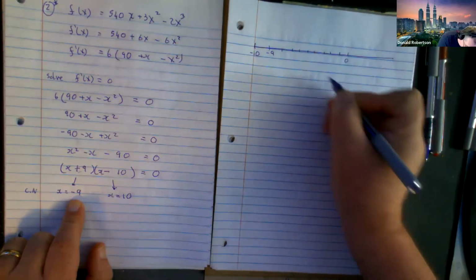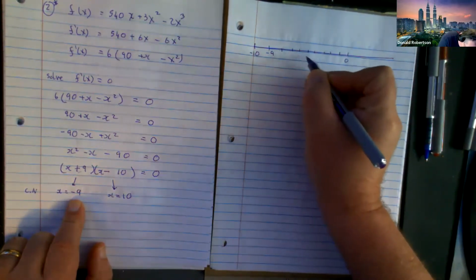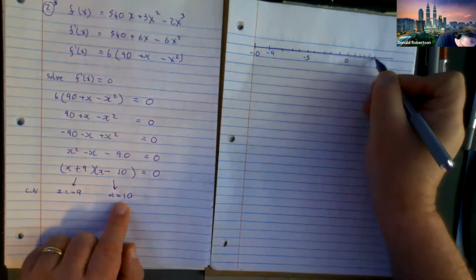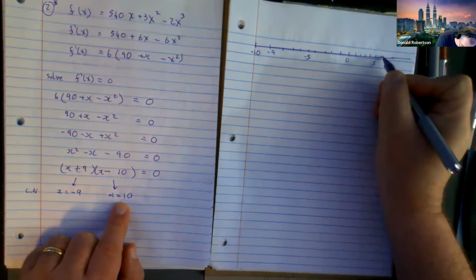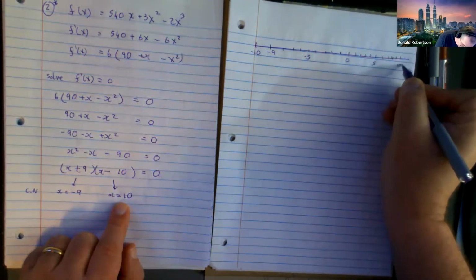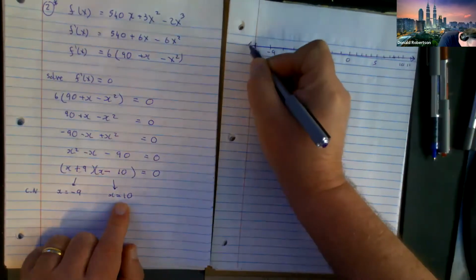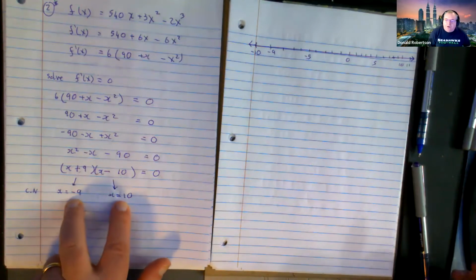There's a 0. Then a 5, and a 10. One more for luck. So we need a number line that contains these two numbers.